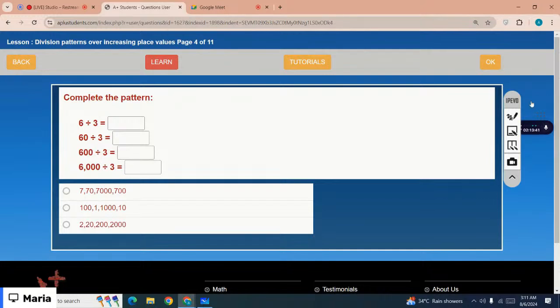So option number 3 is the correct option. That is 2, 20, 200, and 2000. Option number 3 is the correct option.